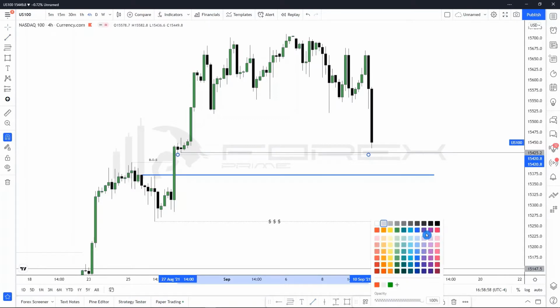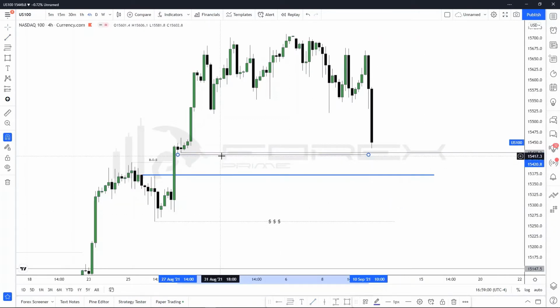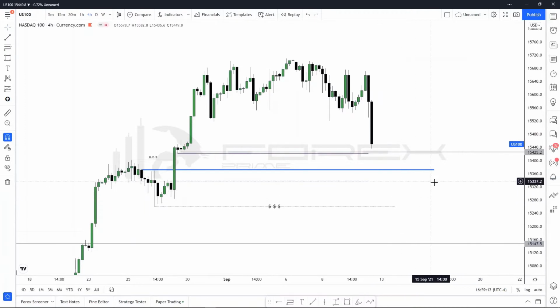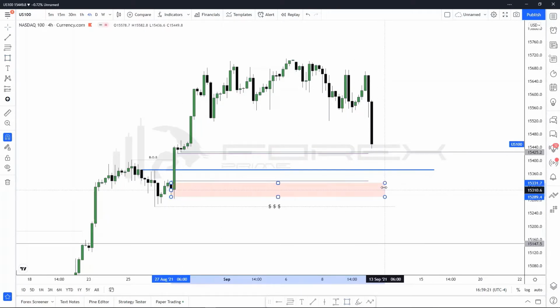Just gonna change the color, let's make it purple. All right, the low of that candle and the high of that candle, that price needs to fill in. So once price reaches that area, we can expect some possible longs. All right, obviously being this last down close candle, which could act as a potential support level.